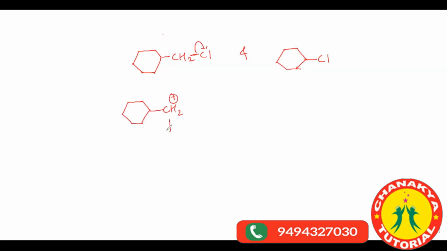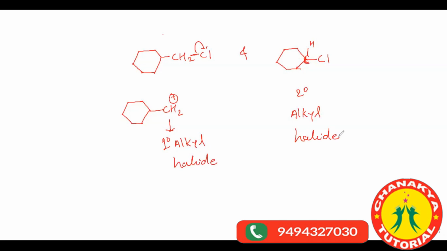This is a primary alkyl halide, correct? And here, if you see, this carbon is attached to 2 carbons and only 1 hydrogen, so that would be a secondary alkyl halide.